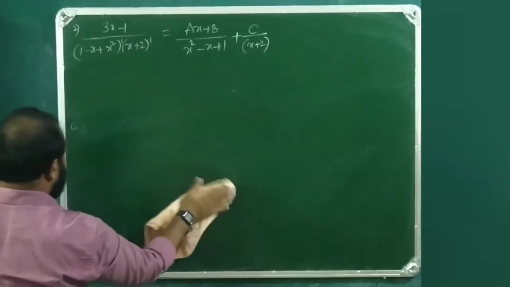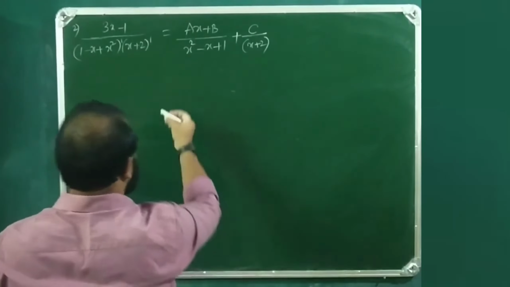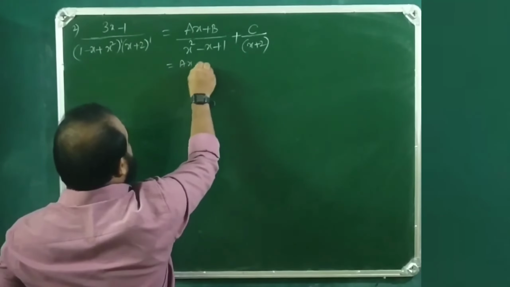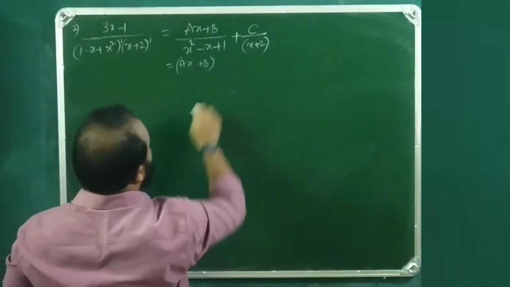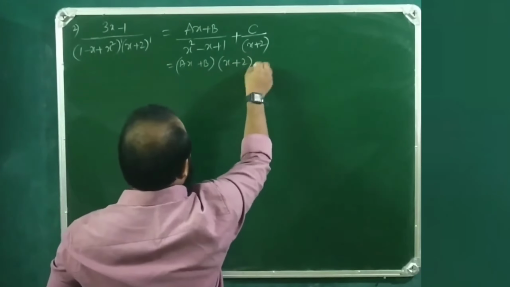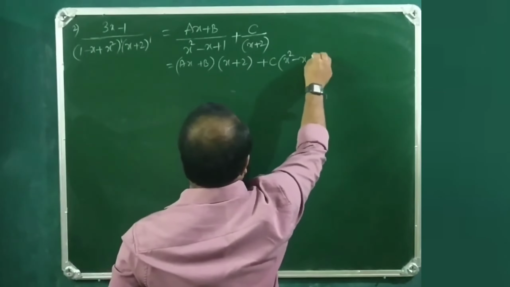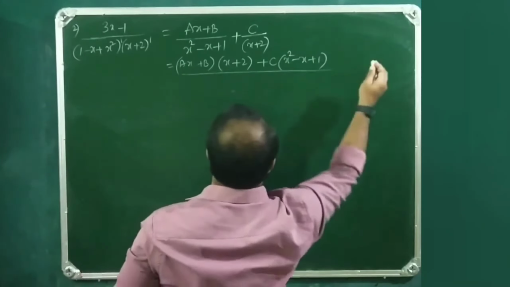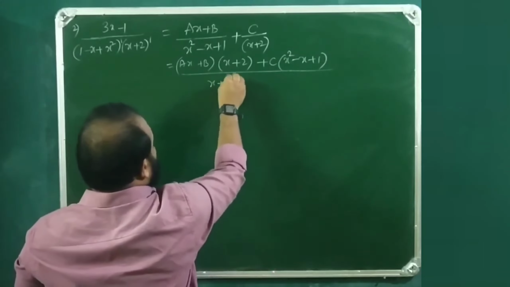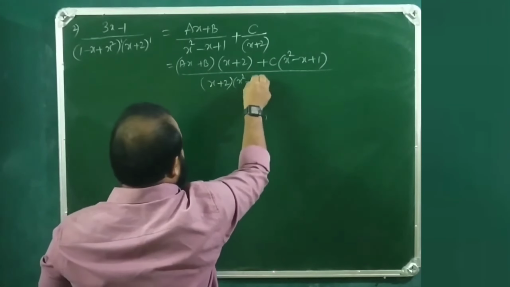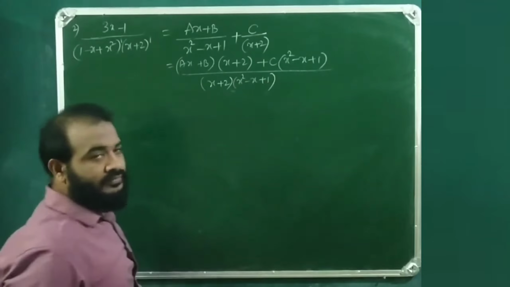So this equals (ax plus b) into (x plus 2) plus c into (x square minus x plus 1), by (x plus 2) into (x square minus x plus 1).